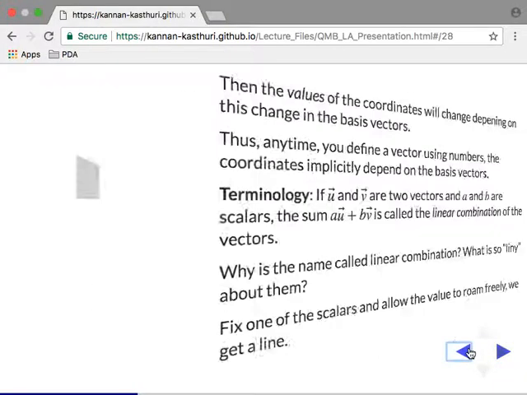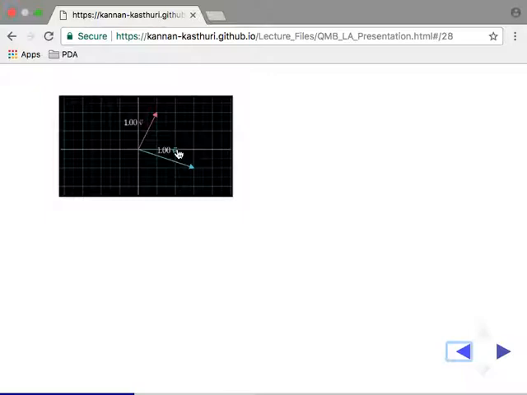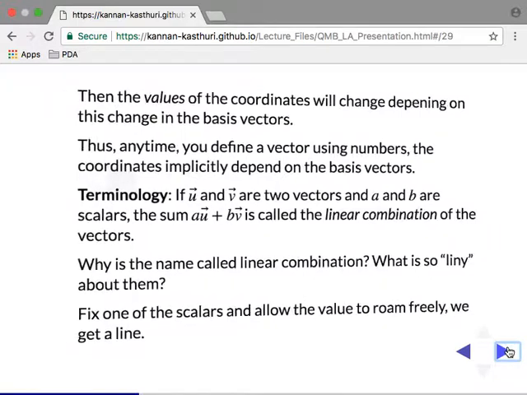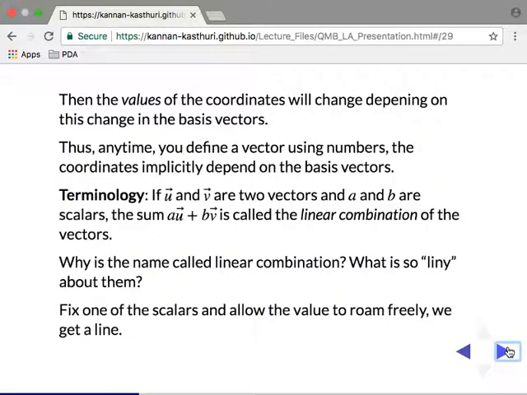If you have a vector here, let's say 5 and 0, now according to this new basis it's not going to be 5 and 0, it's going to be different, since you're changing the basis. So the values of the coordinates will depend on the basis vectors.